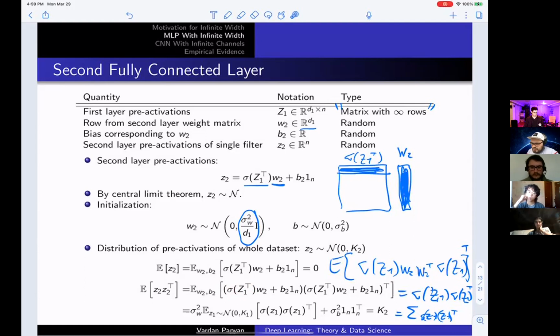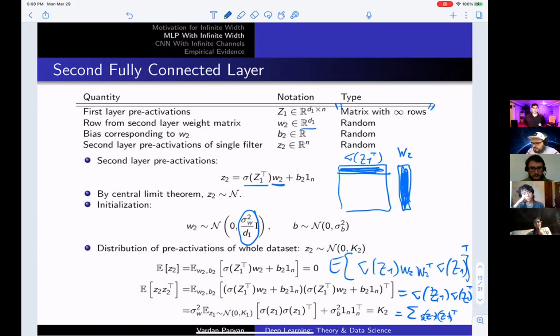It's a matrix. But what happens here is that we're writing the matrix multiplied by the matrix transpose as a sum over an outer product. So now it becomes a vector. Now, why do we have here an expectation over Z1? Does anyone know?